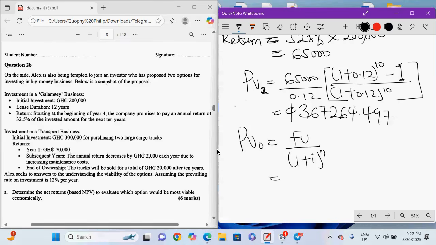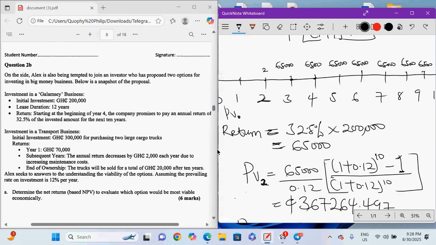Exponent n. So future value would then be the 367,264.497 divided by what? 1 plus the interest rate is 1 to exponent what?